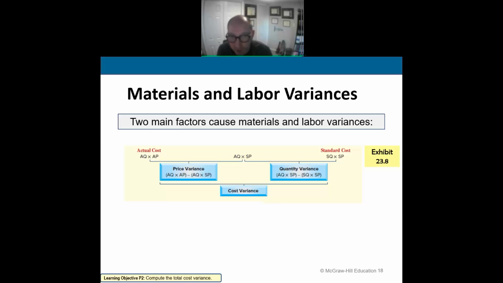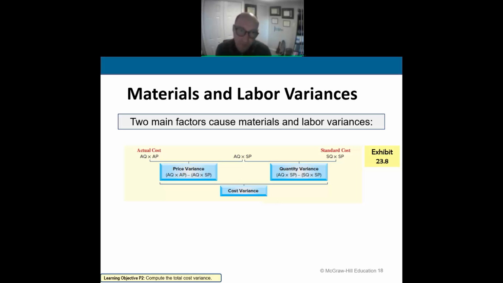Well, actually, first I find my actual cost, actual quantity times actual price. Then I find my standard cost, standard quantity times standard price. Then I find my price variance. It's my actual quantity times the actual price minus the actual quantity times the standard price.